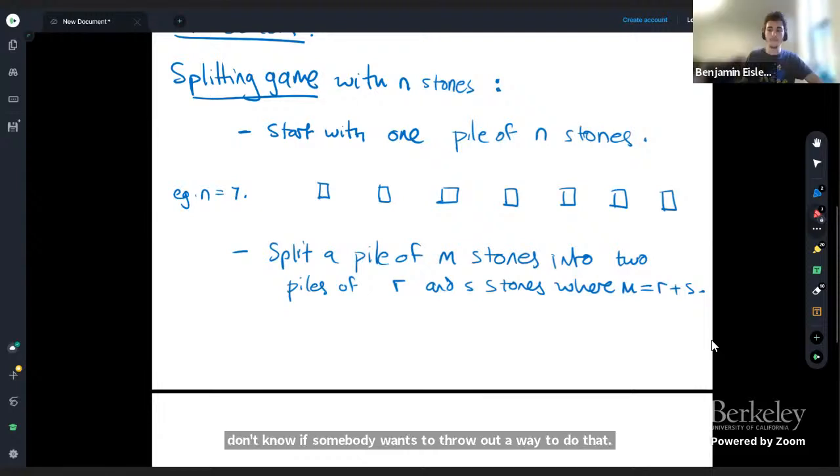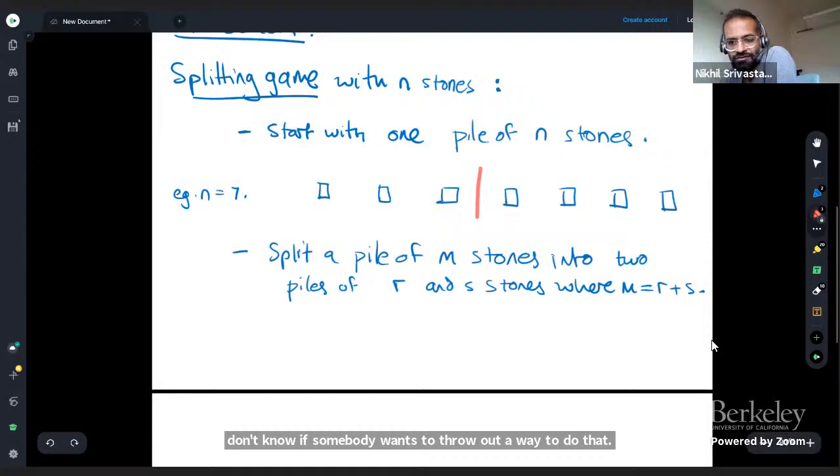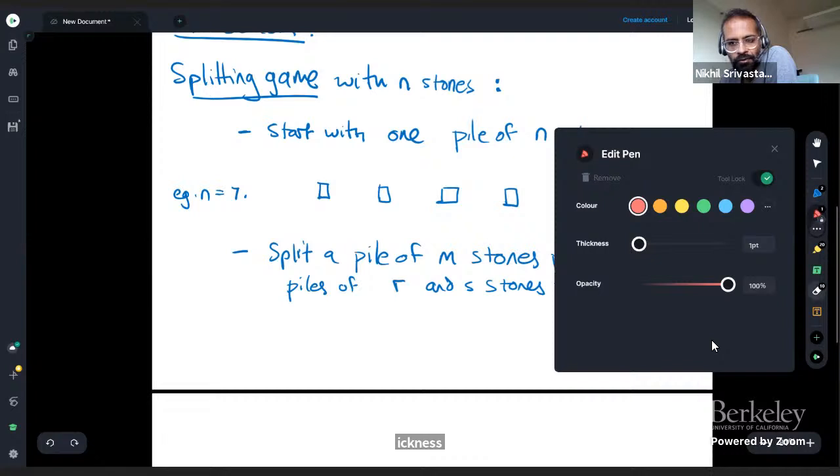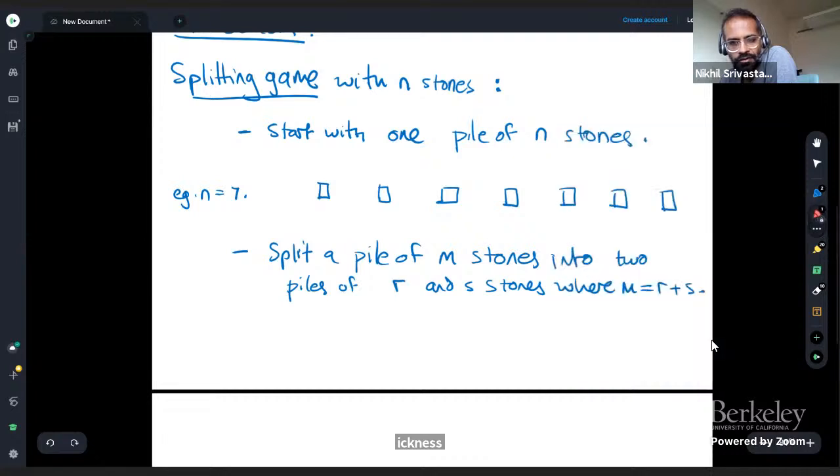Pile 3 and 4. 3 and 4. Okay, good. So let's split over here. Let me reduce the thickness of the marker. So let's split here. So this is my first split.